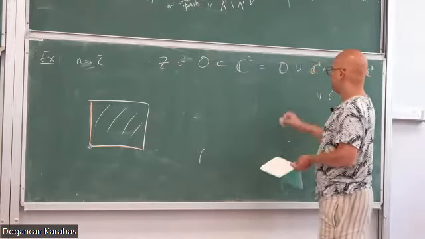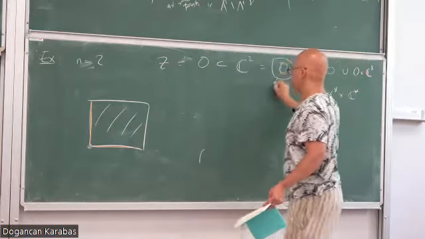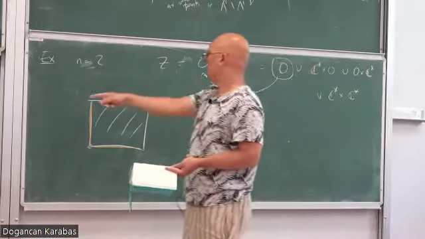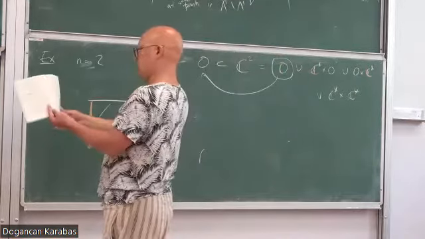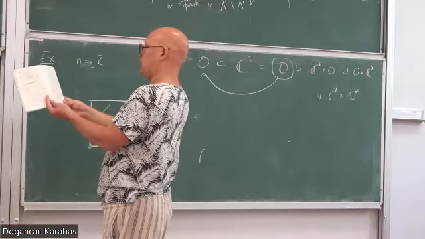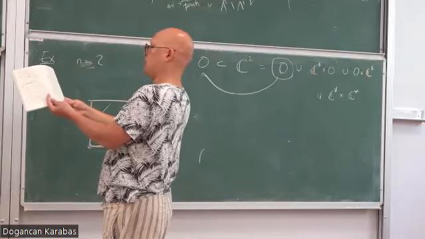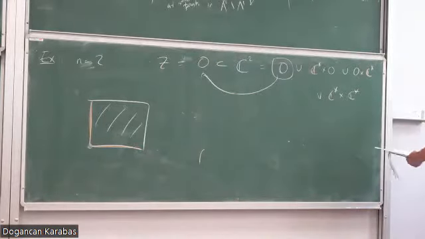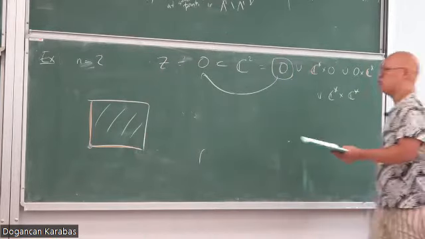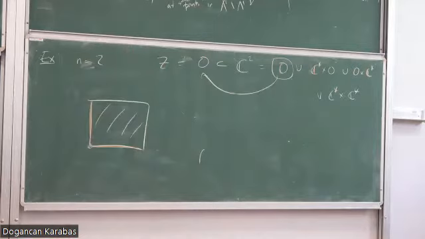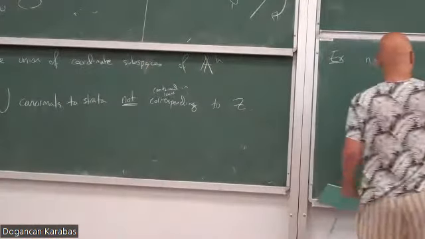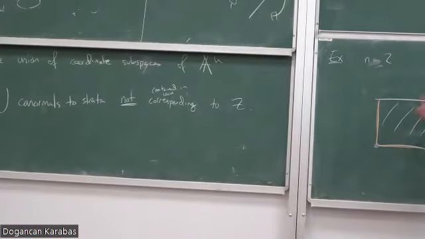So if my Z is just this one, then I should take the conormals to the strata which are not contained in the locus corresponding to Z. The locus corresponding to Z is just 0, just this is the corresponding one.